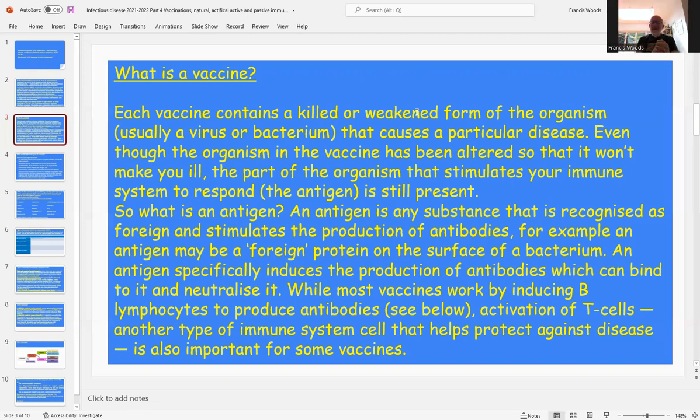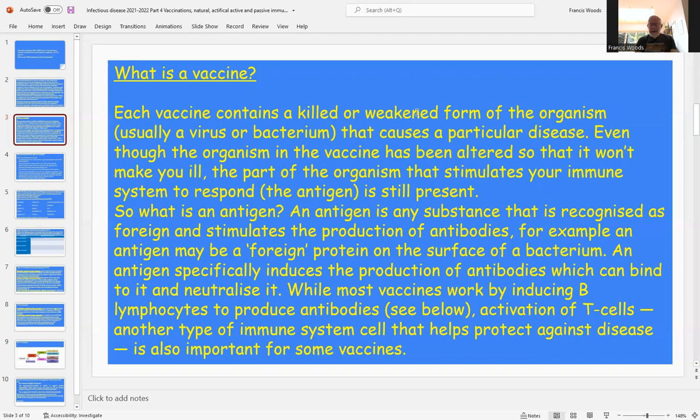So even though the vaccine has been altered, it won't make you seriously ill. And it stimulates the antigen, the antibody production. Remember, an antigen is just a foreign protein on that surface.